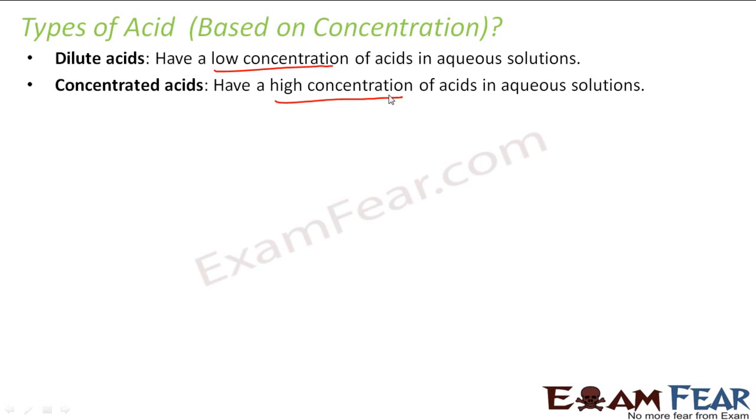Please note, if it is concentrated, it will react more; if it is dilute, it will react less. For the same acid, for example hydrochloric acid, if it is concentrated, it will react more and be more powerful. If it is dilute, it is a mild version of hydrochloric acid. So the more dilute, the lesser the reaction power.